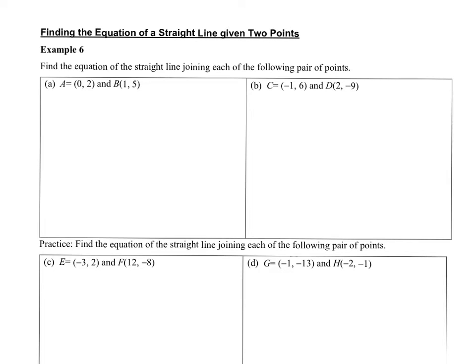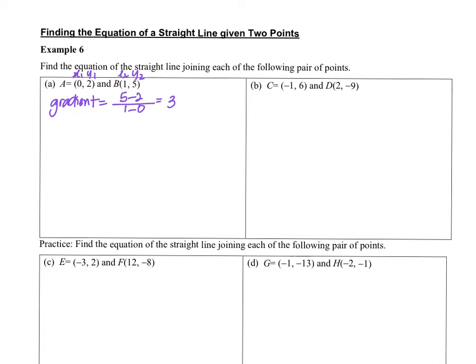Well, the gradient is given by y2 minus y1 over x2 minus x1. So we shall let these be (x1, y1) and (x2, y2). And we'll get the gradient to be (5 minus 2) over (1 minus 0), and that gives me the gradient of 3.